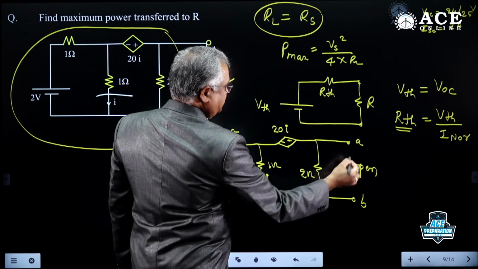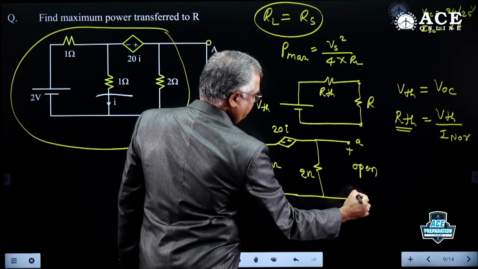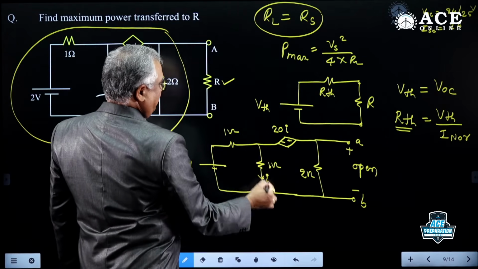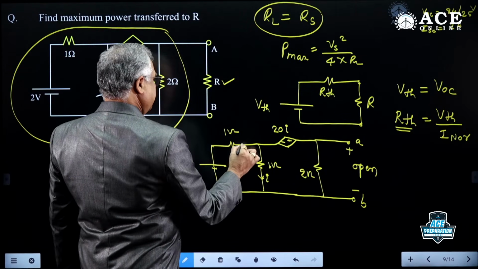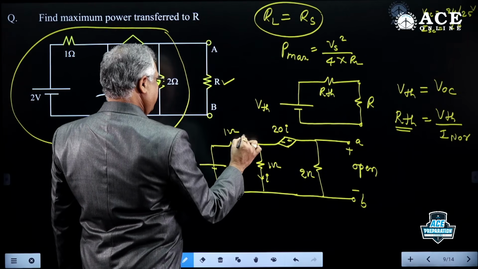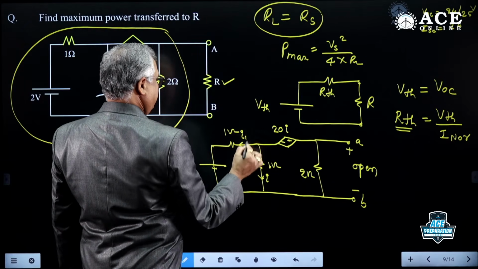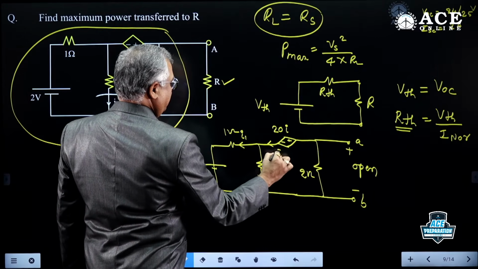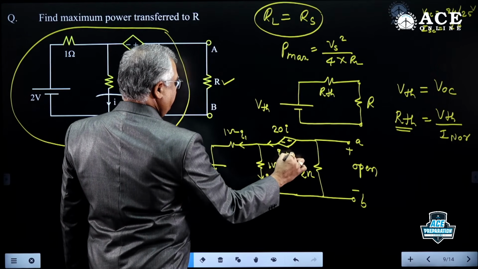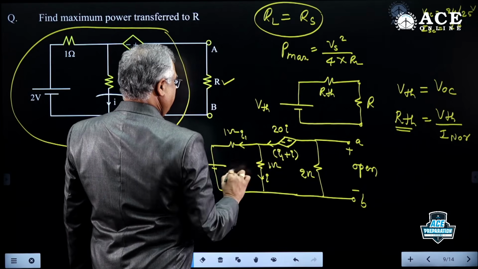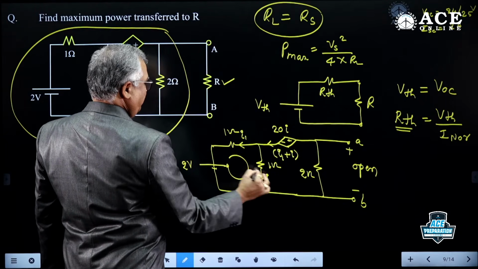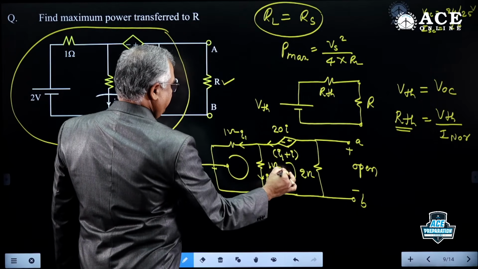Under this open condition, what is the voltage we have to find? This is the current I already there. And what is the current here? Don't know. Let us take I1. If this is I and this is I1, this will be I1 plus I. Two unknowns, two equations. So here you can write one loop equation, and here another loop equation.